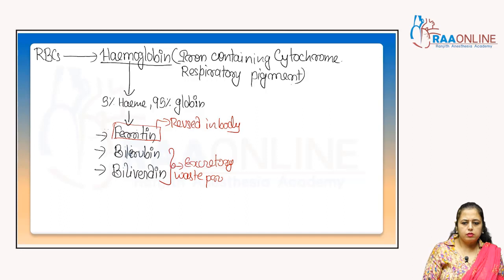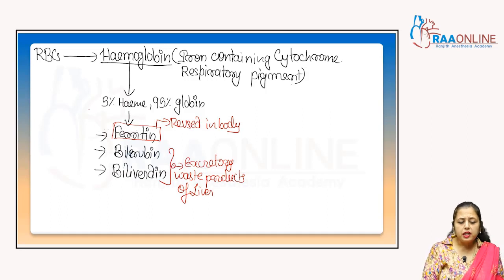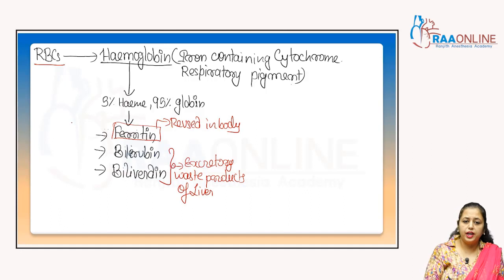Clear? So in that manner, when RBC is destroyed, then hemoglobin is destroyed, and then these byproducts are formed, right?